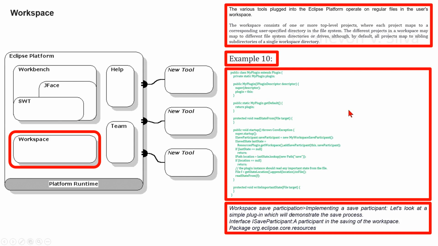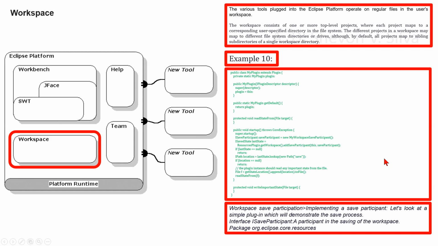Now we are considering implementing a save participant. Let's look at a simple plugin which demonstrates the save process. ISaveParticipant is the interface for a participant in the saving of the workspace. This is in the package org.eclipse.core.resources.